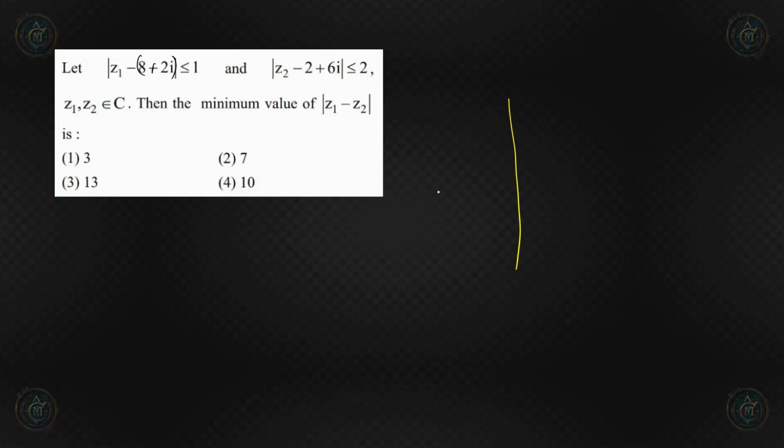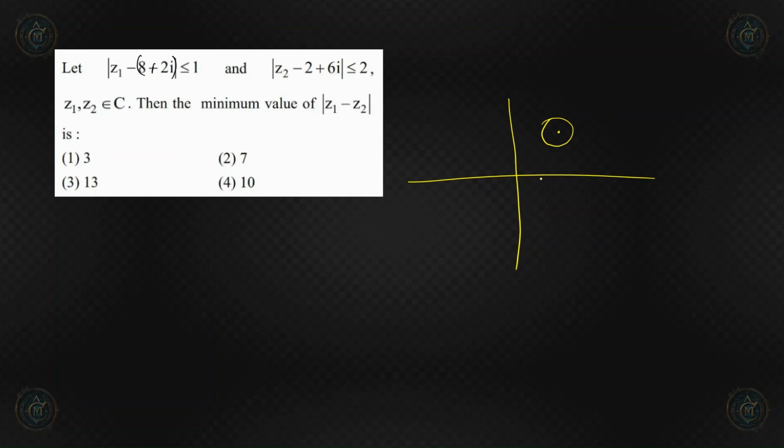So we have these two disks here, 8 comma 2 with radius 1, let's say somewhere here. Okay, and this radius is 1 unit. Then we have this z2 lying inside this disk of radius 2 units with center at 2 comma minus 6.